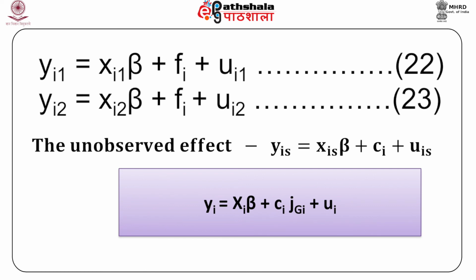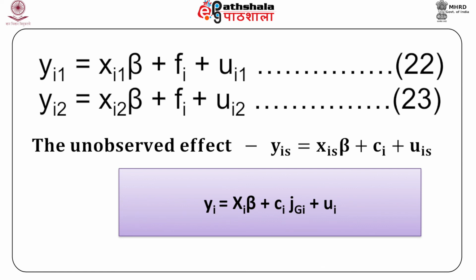Here, the strict exogeneity assumption means that the idiosyncratic error u_is in each sibling's equation is uncorrelated with the explanatory variables in both equations. For example, if y denotes log wage and x contains years of schooling as an explanatory variable, then we must assume that siblings' schooling has no effect on wage after controlling for the family effect on schooling and other observed covariates.